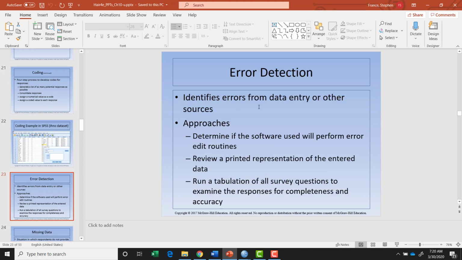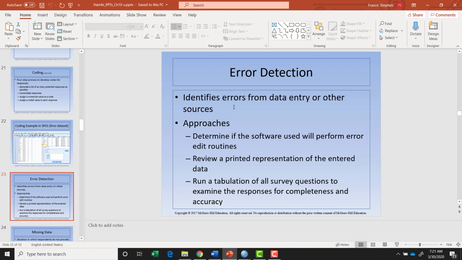So we also have the problem of errors. How do we actually try to find errors? Well, there's certain things that we could look at. We could look for perhaps typos, spelling mistakes in textual data. We could print out a summary of the data and just look at it and see if it seems reasonably sensible.